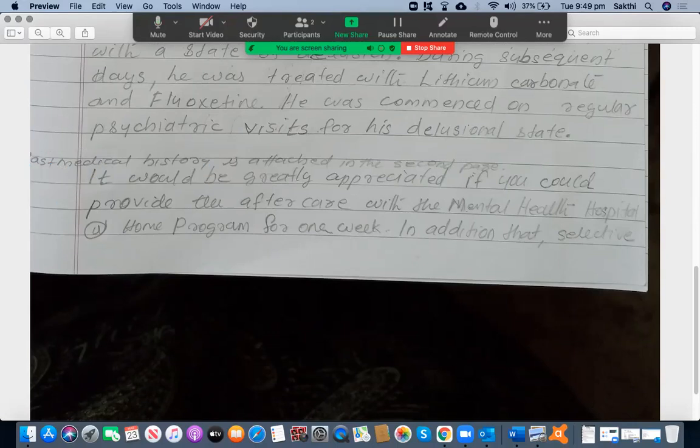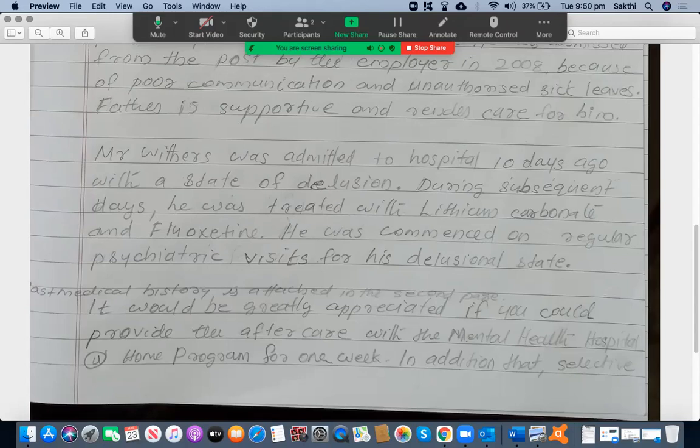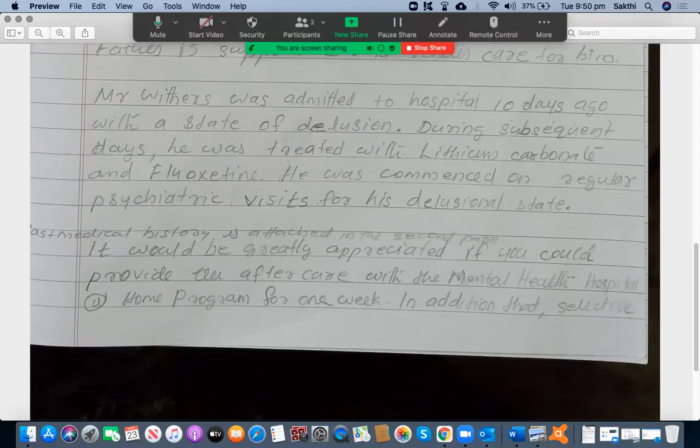Sir, I forgot to attach the past medical history. So you have to say regarding Mr. Withers' medical history. You need to place a hyphen here, not between R and S. You could have done that. Or regarding Mr. Withers and then hyphen medical history, comma.